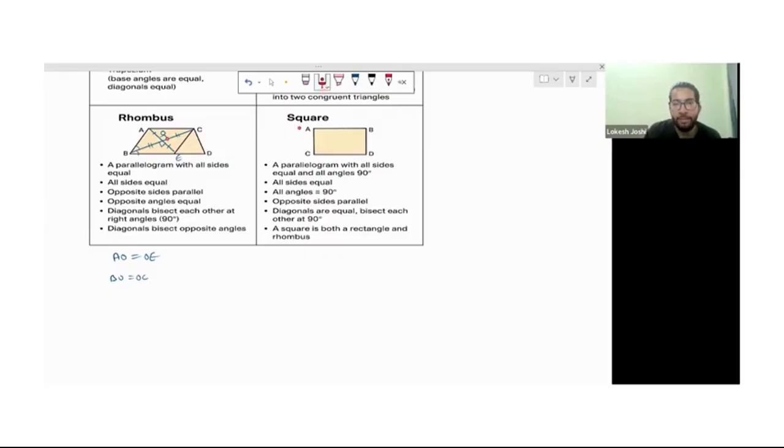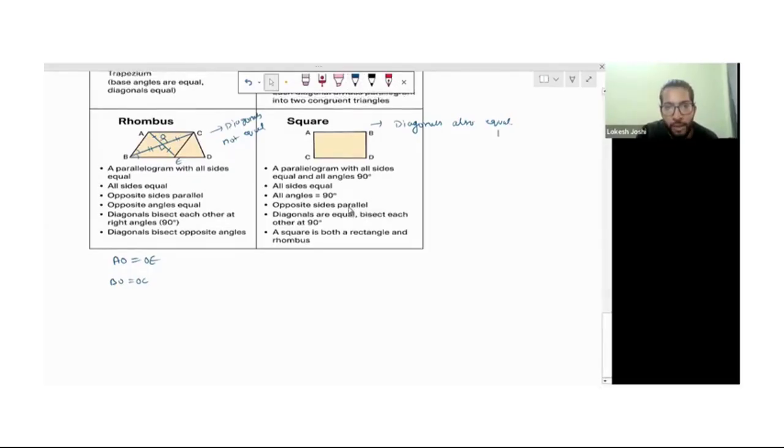All properties are the same except in a rhombus, diagonals are not equal. But in a square, the diagonals are also equal. Square is both a rectangle and a rhombus because it satisfies all the properties of rectangle and rhombus.